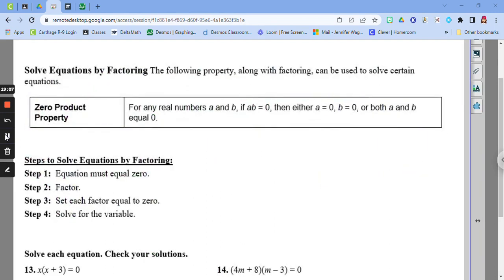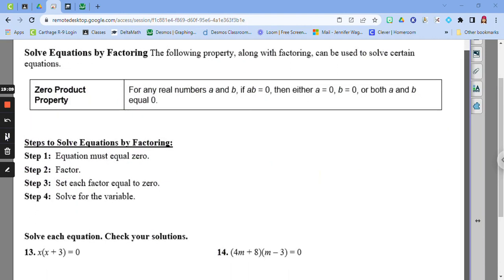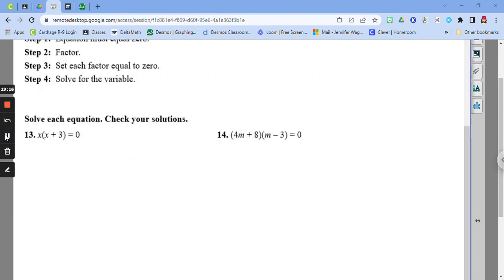So if we look at 13 and 14, those are already factored. We know that because we see clearly the factors and multiplication. So step 1 and 2 are taken care of. We're on step 3. Set each factor equal to 0. And then we solve. Well, this one's already done.